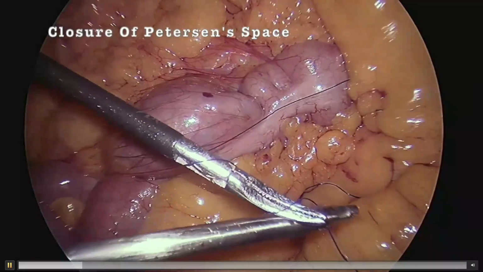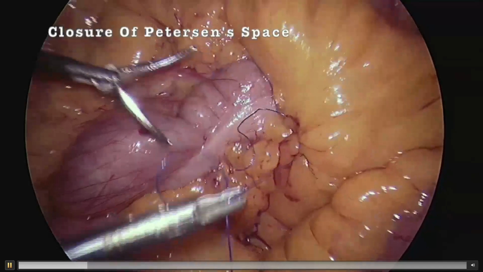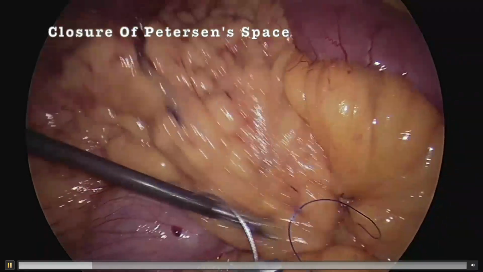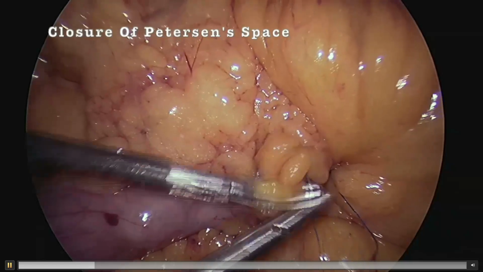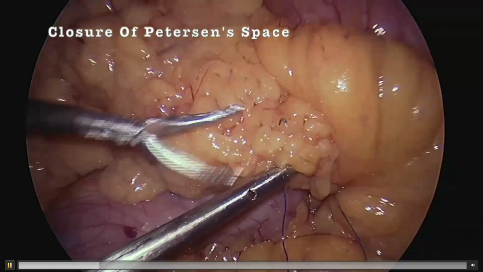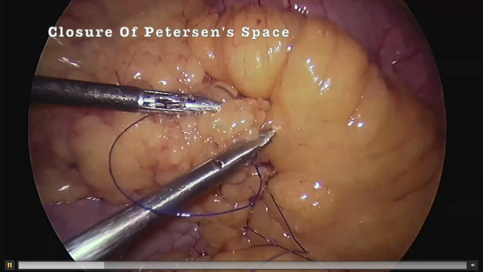One can use the barbed suture, I guess that makes it easier. So fix a knot at the base and then take side-to-side sutures with the mesentery of the bowel and the fat that exists there along with the colon.